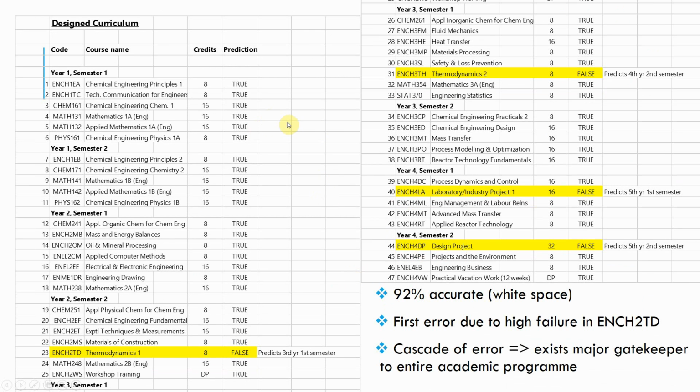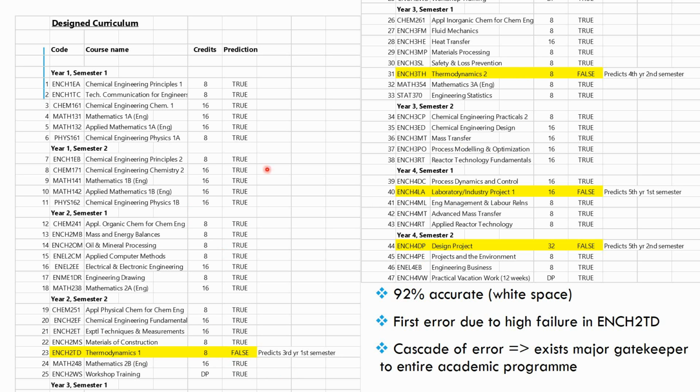But this is a screenshot showing the prediction of a curriculum, and highlighted in white are the courses that the Autoscholar program has correctly predicted, and then highlighted in this yellow color are courses where it's got it wrong. And if you look at this, Thermodynamics 1, Thermodynamics 2, and then some 4th year courses here.